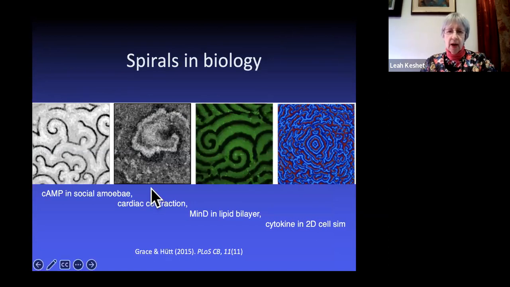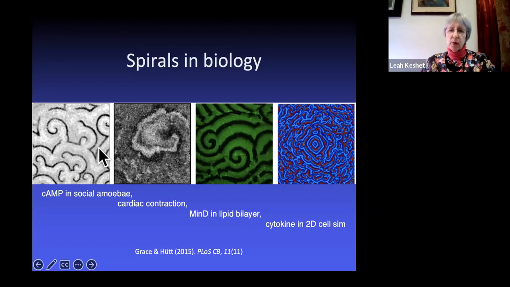And then it turned out that actually spiral waves occur in all kinds of biological processes. So what I just described was the social amoeba, and it turns out that their chemoattractant is cyclic AMP. And the interaction between their secretion and chemotaxis, moving up gradients of cyclic AMP, leads to these spiral waves.